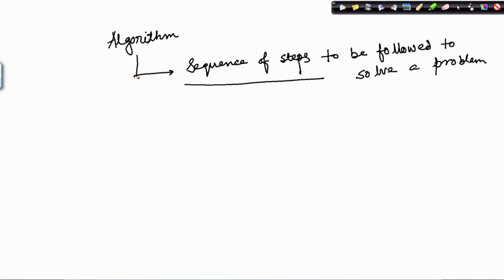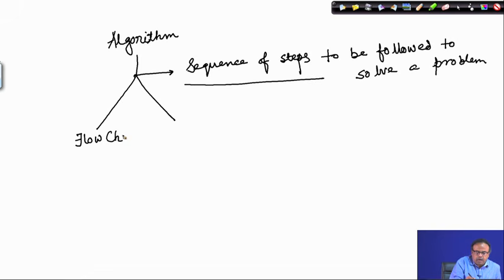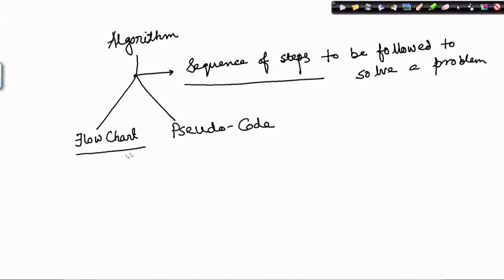There are two distinct ways by which an algorithm can be expressed. One is flow chart, another is pseudocode. Now, a flow chart, as the name implies, is a diagrammatic representation of the sequence of steps. It is a diagram, all right.